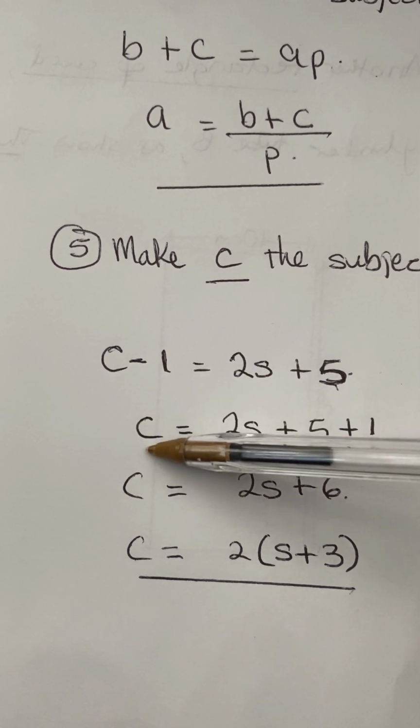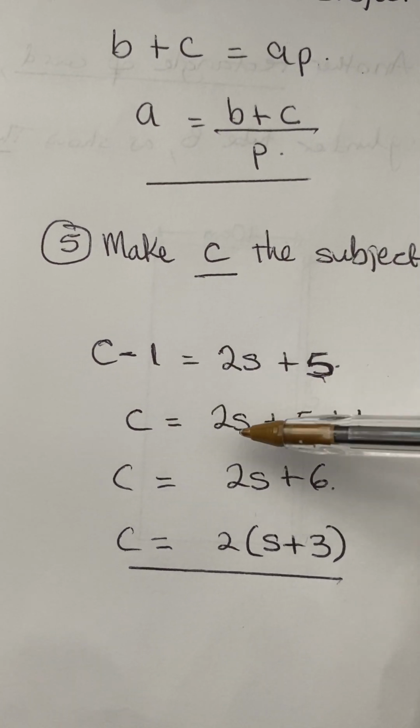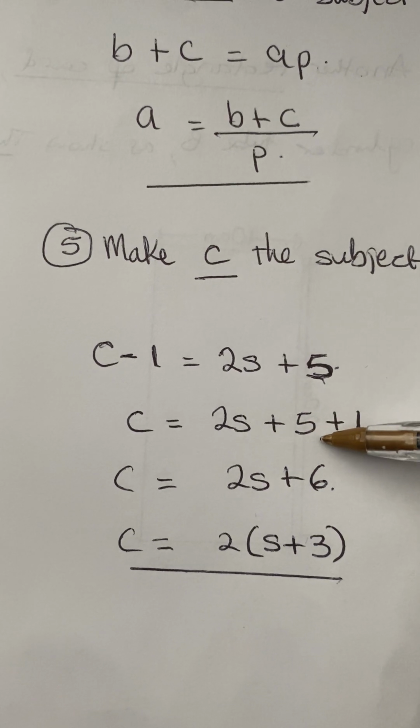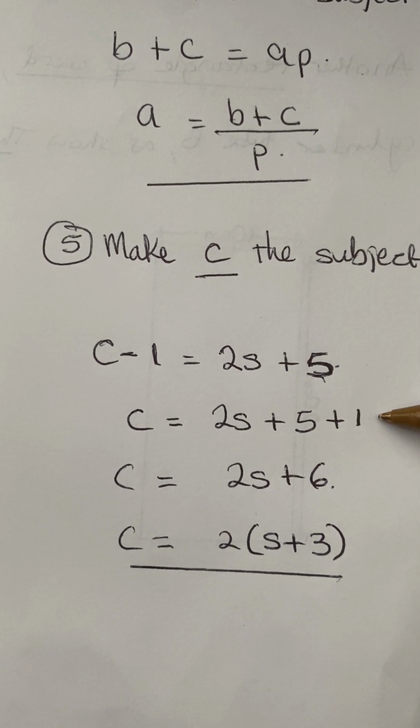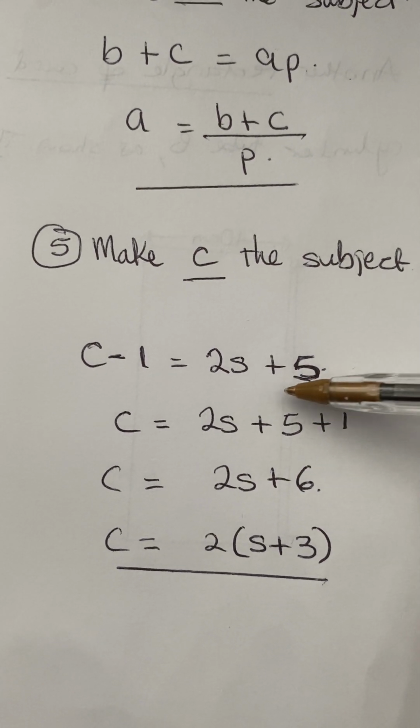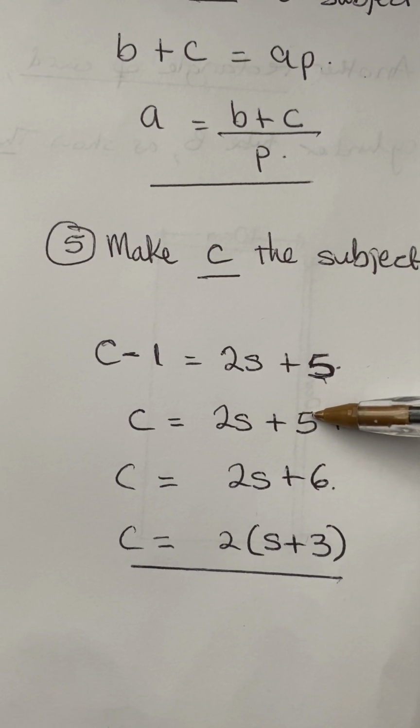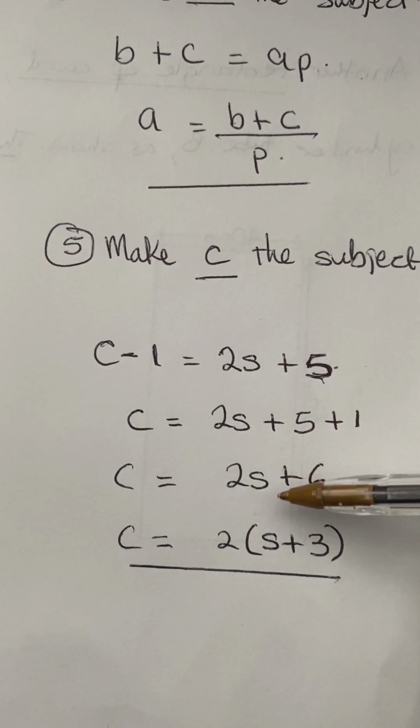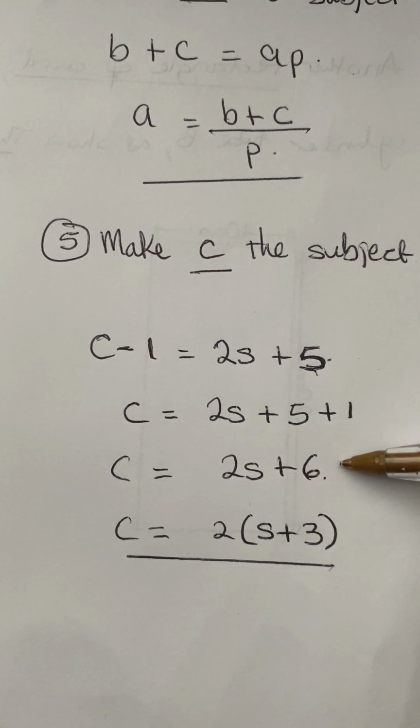So now c is on its own. We have 2x plus 5 plus 1, which 5 plus 1 is 6. So c will be 2x plus 6.